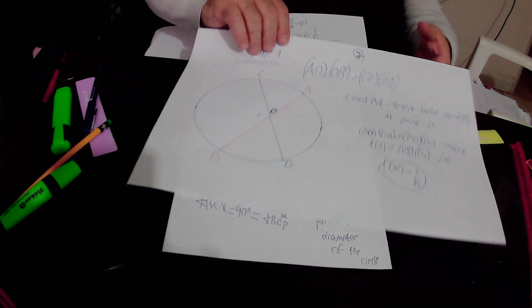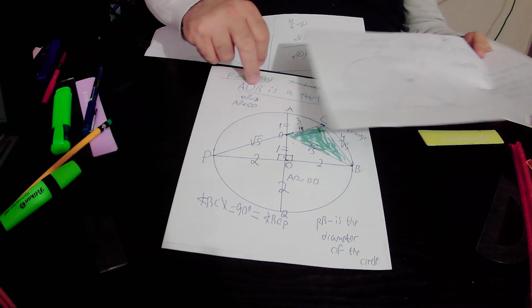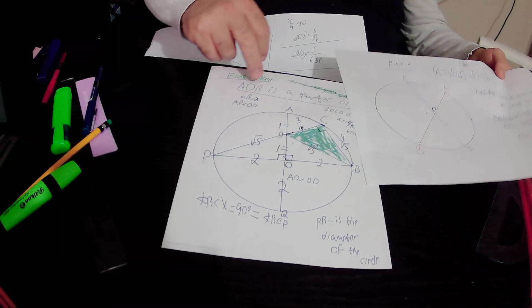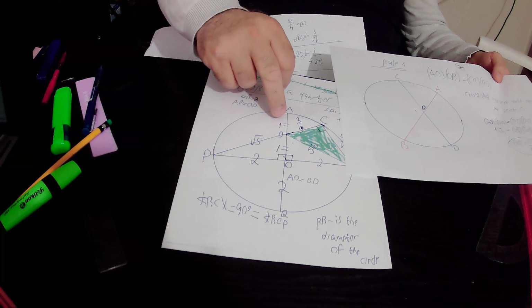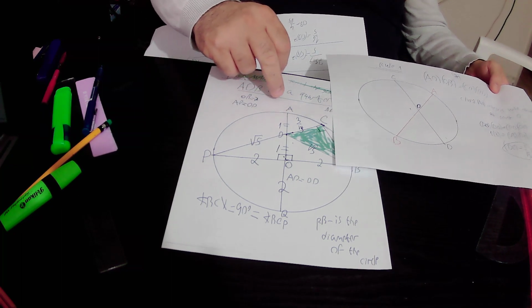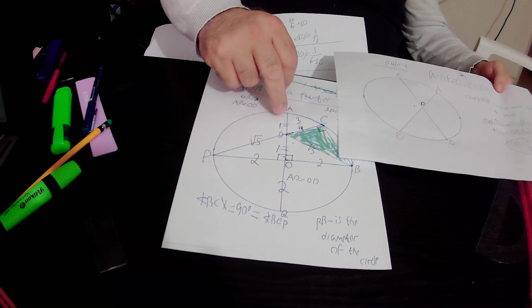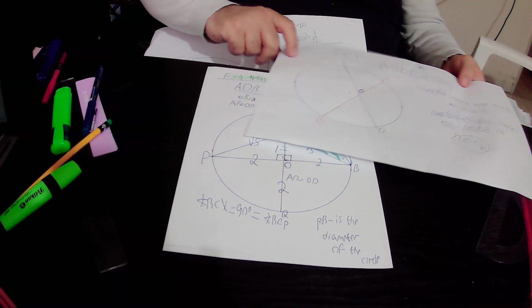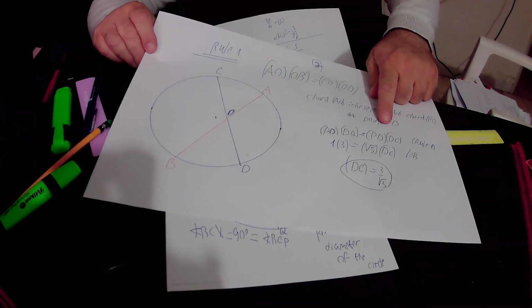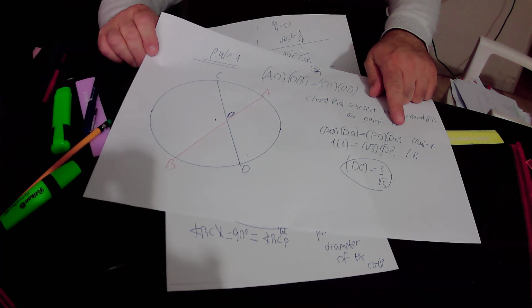We implemented rule number 1 in our drawing because we have chord AQ that intersects with chord CP at point D. Therefore, here AD times DQ equals PD times DC, according to rule number 1.